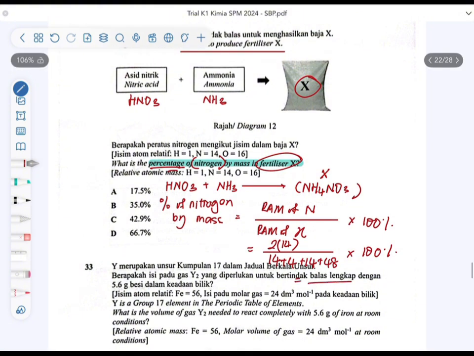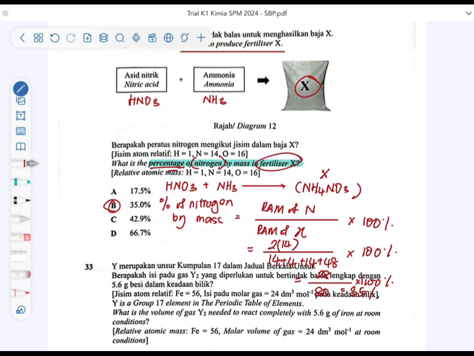So let's calculate for the answer. We will get 28 over 80. So let's calculate that. Our answer would be B, which is 35%.